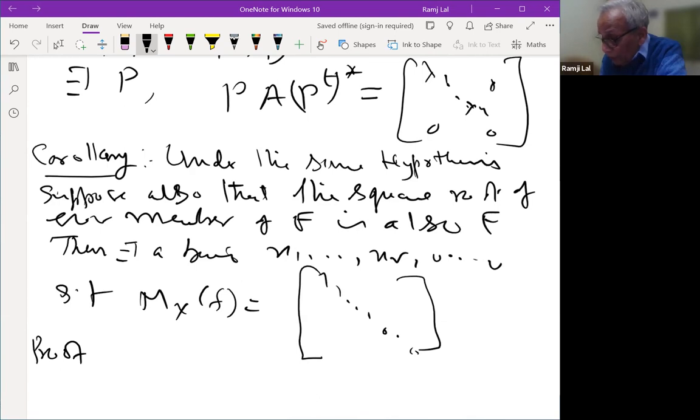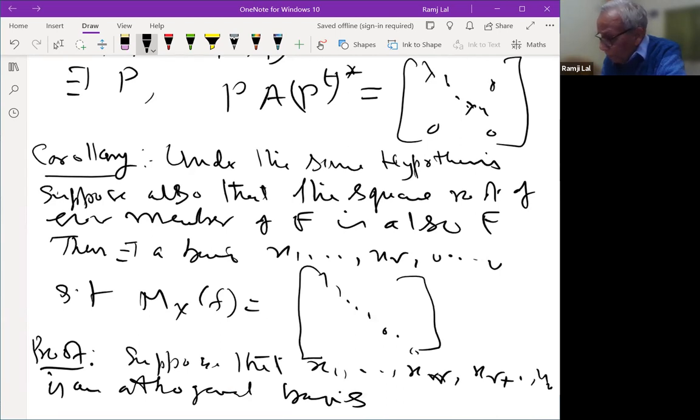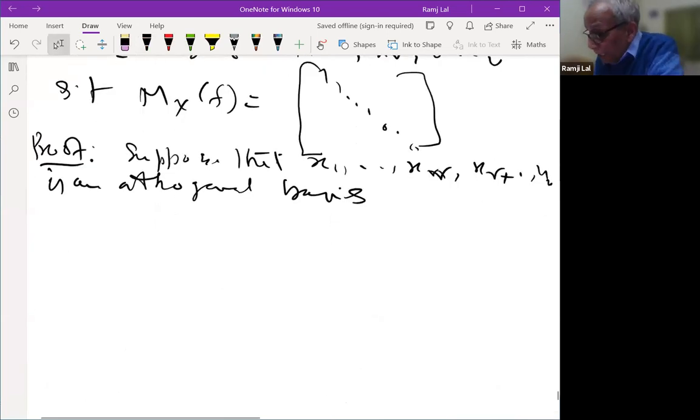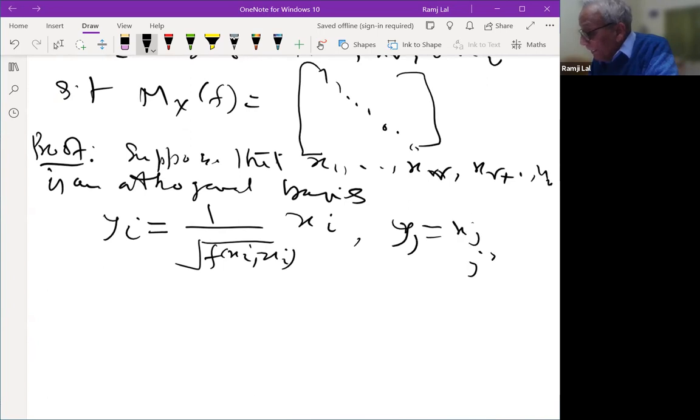Suppose x1, x2, up to xr, up to xn is an orthogonal basis, where r is the rank. Then take another basis, yi equal to 1 upon the square root of f(xi, xi) times xi, for i less than or equal to r, and take yj equal to xj for j greater than or equal to r plus 1.